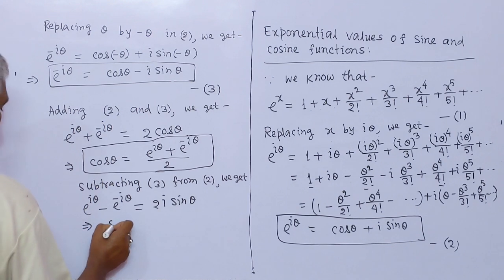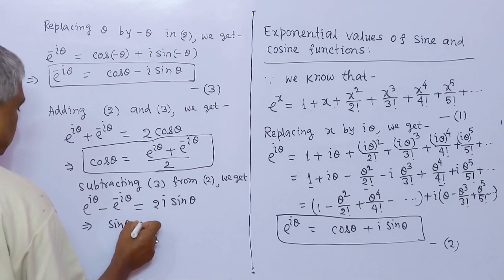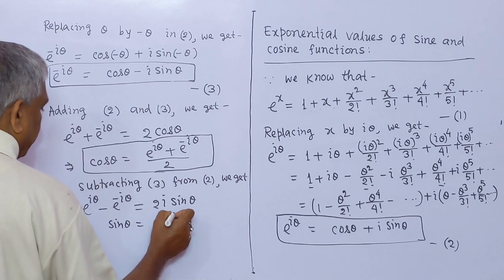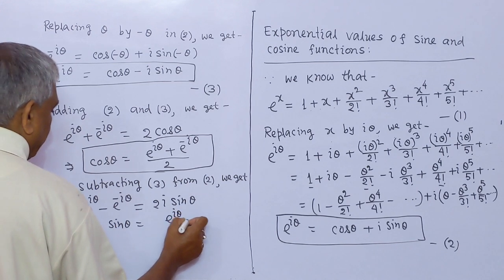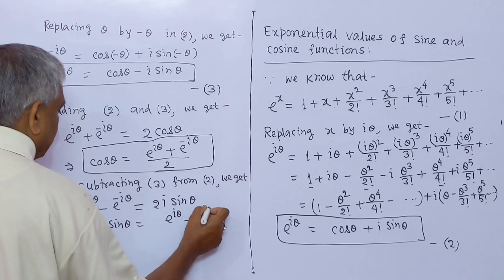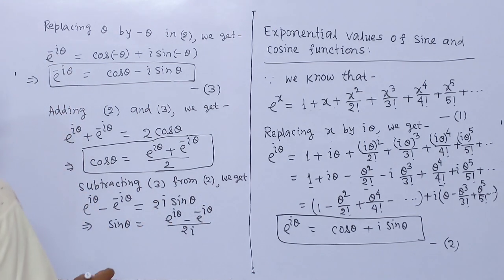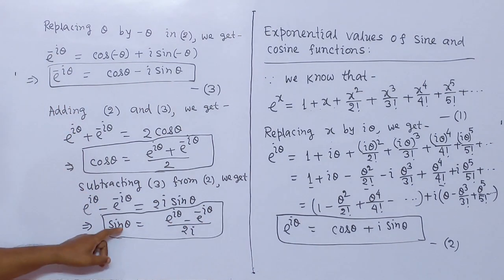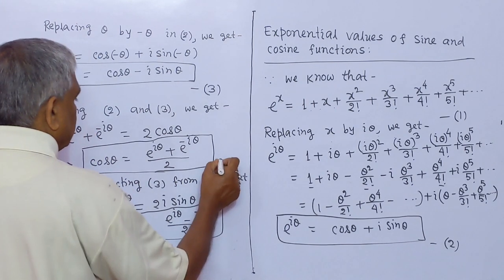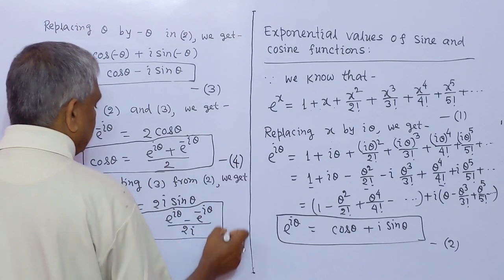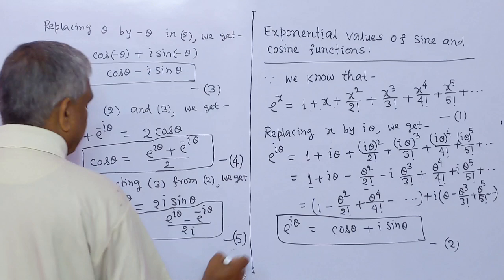Implies that sin theta equal to e to the power I theta minus e to the power minus I theta by 2I. This is the exponential value of sin theta. This is number 4 and this is number 5.